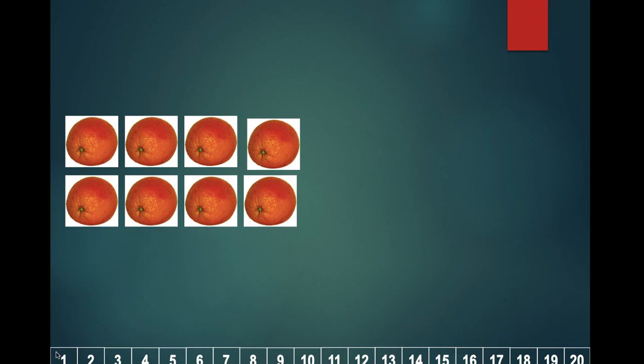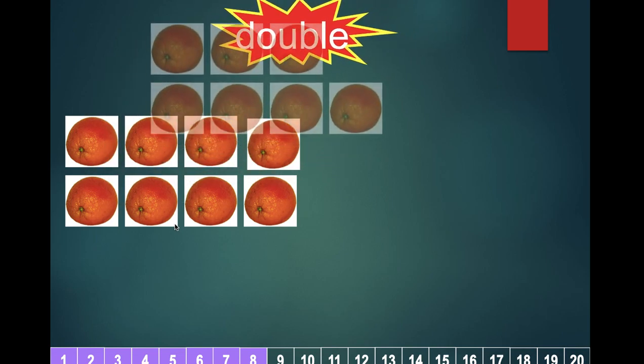So my 8 is 1, 2, 3, 4, 5, 6, 7, 8. When you're going to double it, 1, 2, 7, 8. So I have 8 oranges. Now let's start doing the doubles.